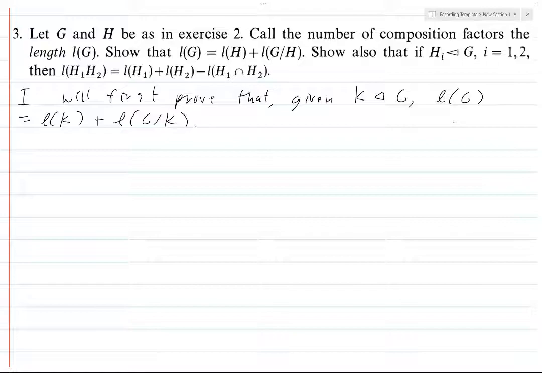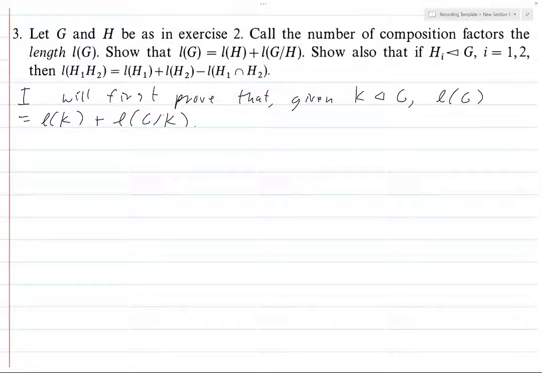And then you have the other composition series: when you go from K up to G, you can mod out by K and get a composition series. Because you can basically split it up, that's where this G mod K is going to come from. It's when you mod out by that normal subgroup. But anyways, that should give you the intuition that maybe these lengths should be the same.